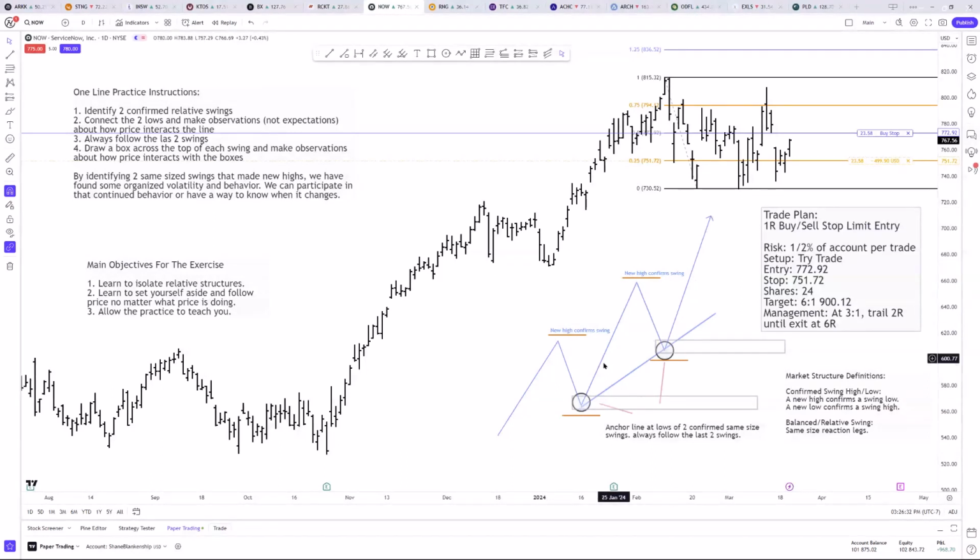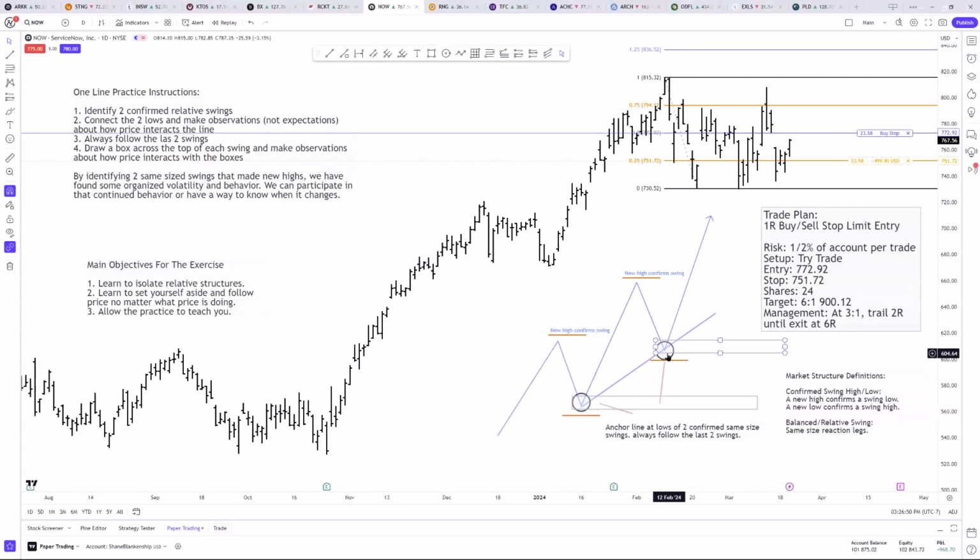Two confirmed swings, two same size reaction legs, and then drawing a trend line and following the market with that and then making observations.